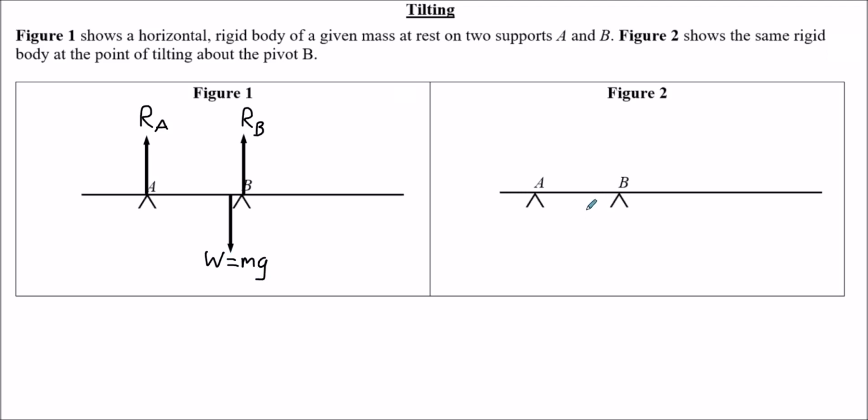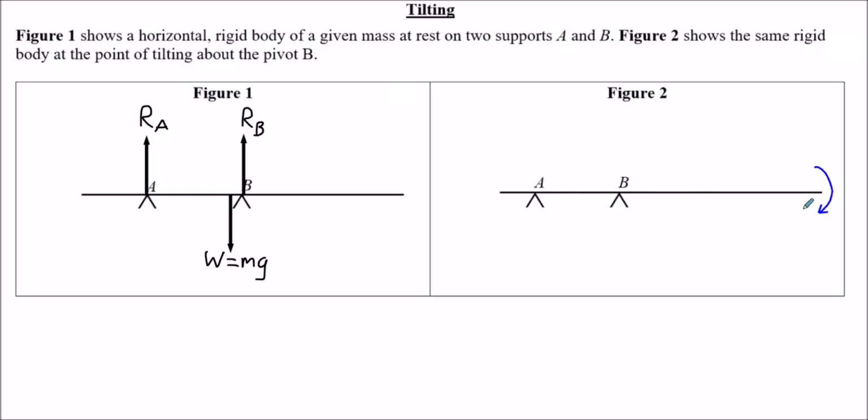Now imagine though that the supports are in different places. Obviously if we move A and B closer to the left, at some point the beam will want to tip or tilt downwards. If we move A and B enough to the left, the weight won't be supported over here, so it just might fall down and onto the floor or something.